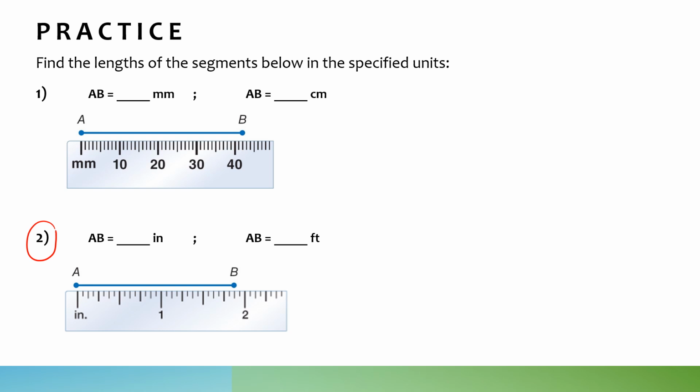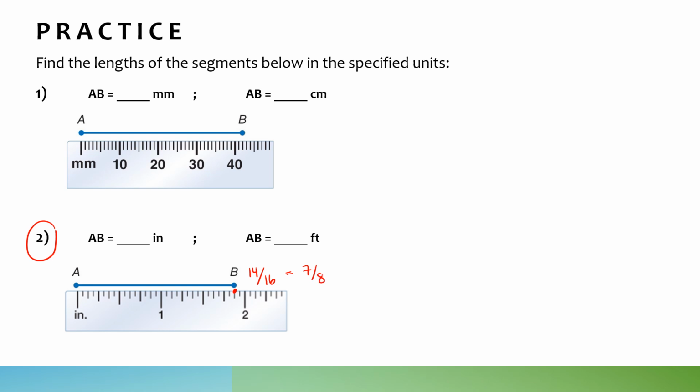So notice that A is right, it looks like at about 0, and B is here. Where is that exactly? Well, be careful. Inches, these increments in the inches, are not tenths, they are not 20ths, they are 16ths. So B there looks like it's right about 14/16 or 7/8.